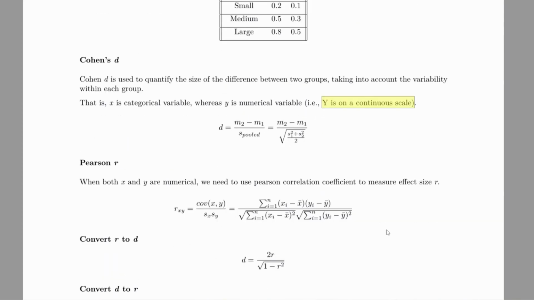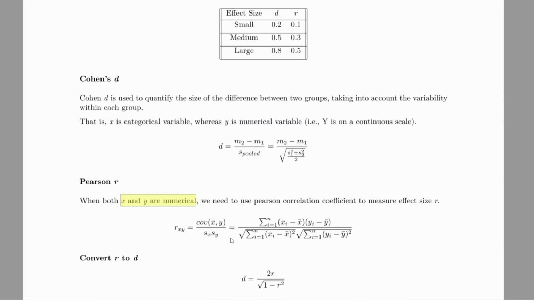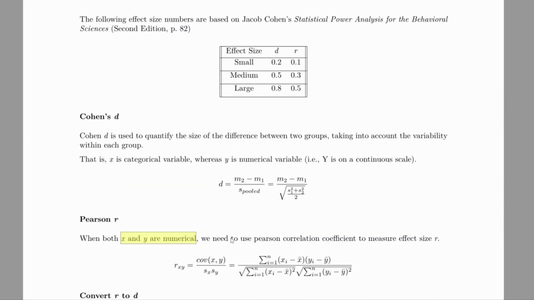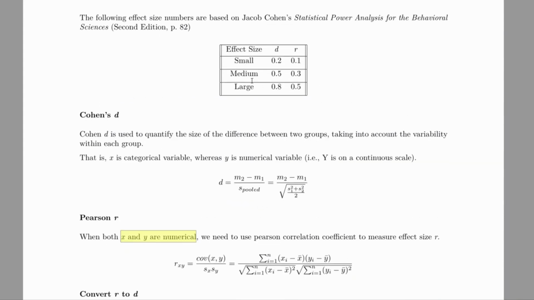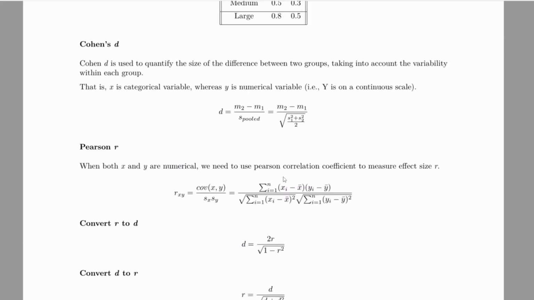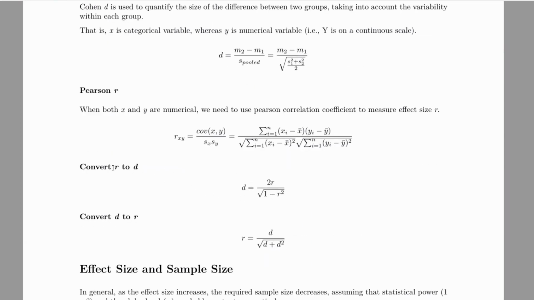In contrast, if both X and Y are numerical, then we can use a correlation as a way to calculate the effect size. As you can see, the definitions of small, medium, and large are different for Cohen's d and Pearson correlation r respectively, and you can actually convert one to another.